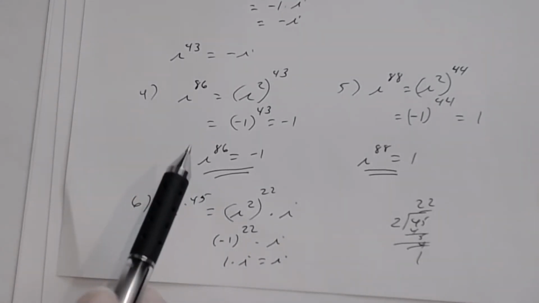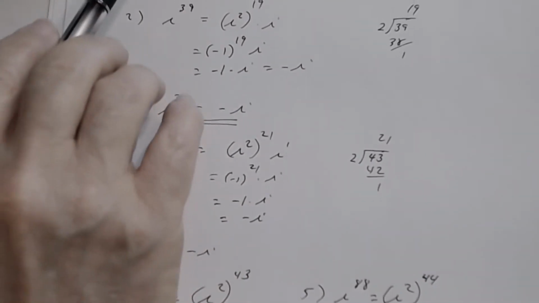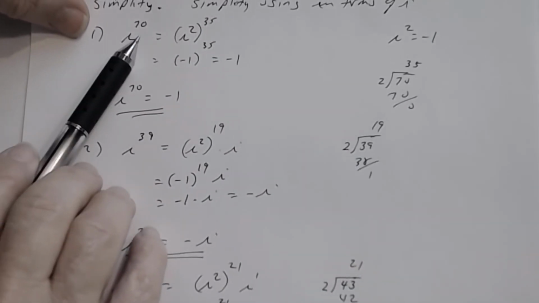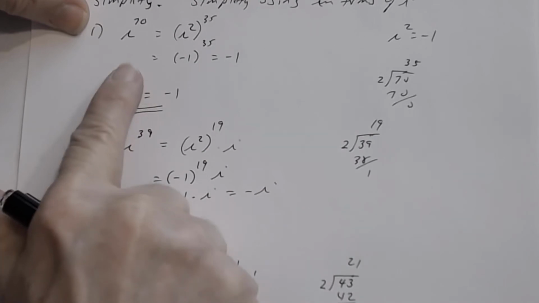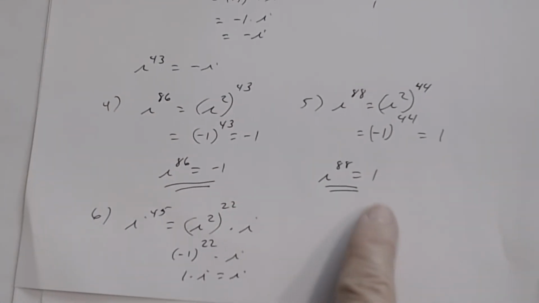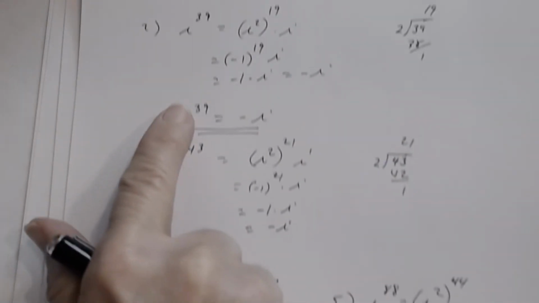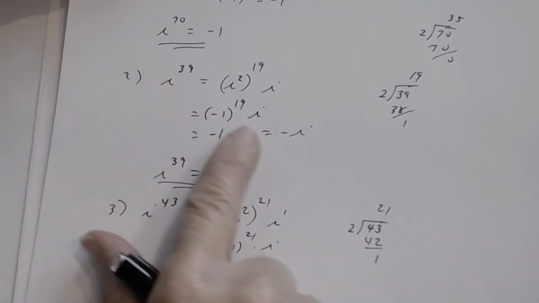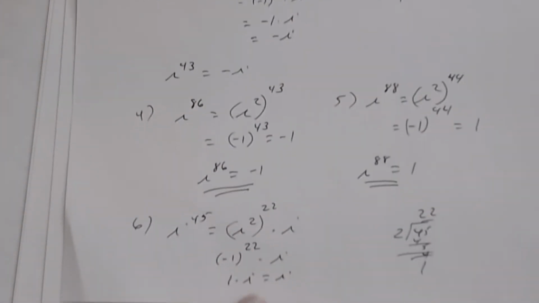So what I was trying to get you to see is this. Whenever the exponent is even, do you see that you're either going to get a -1 or a +1? If the exponent is odd, you're either going to get a -i or a +i. And that's what you saw here.